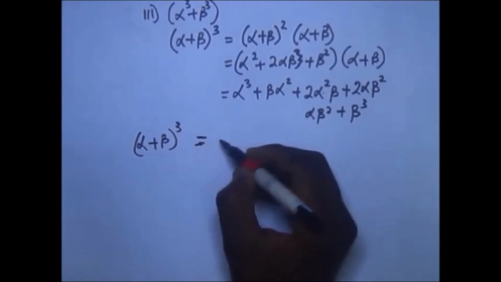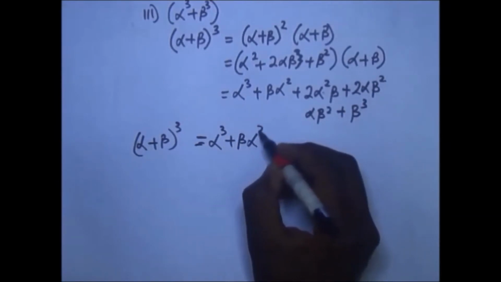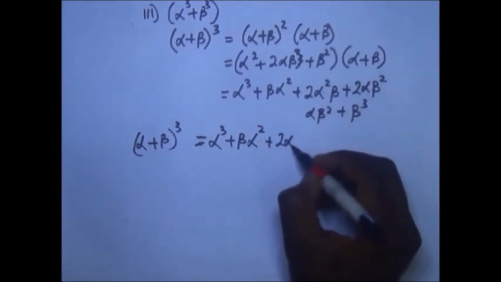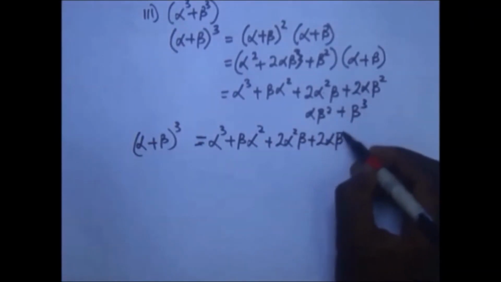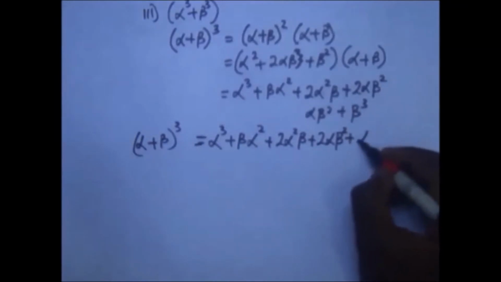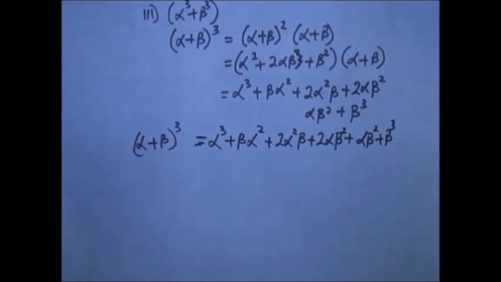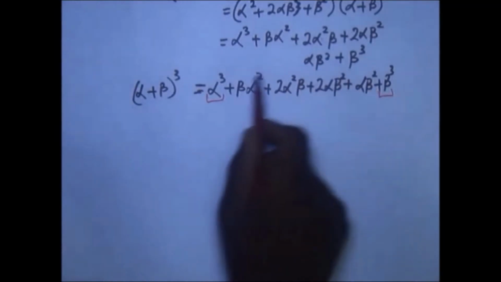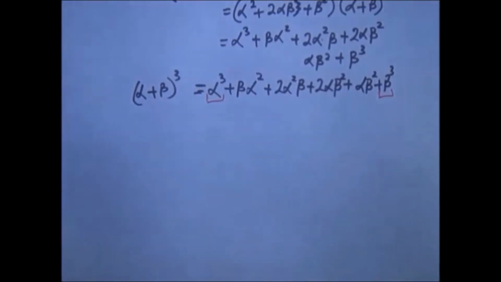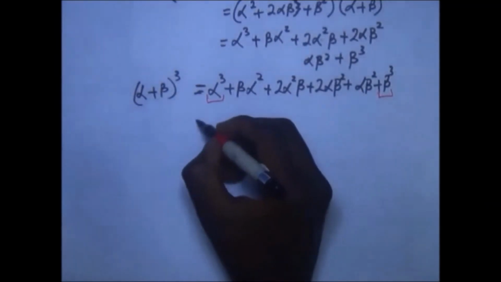It's going to be equal to alpha cubed plus beta alpha squared plus 2 alpha squared beta plus 2 alpha beta squared plus alpha beta squared plus beta cubed. So from that expression we make alpha cubed and beta cubed the subject of the formula. So the rest of all this we shall shift it to the other side. But before we do that, I think we can simplify this a bit further to make it a bit shorter.